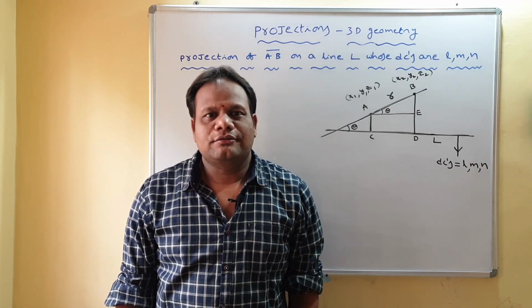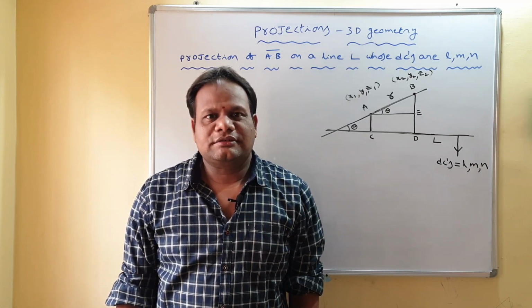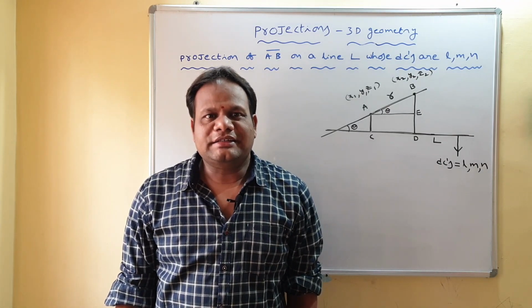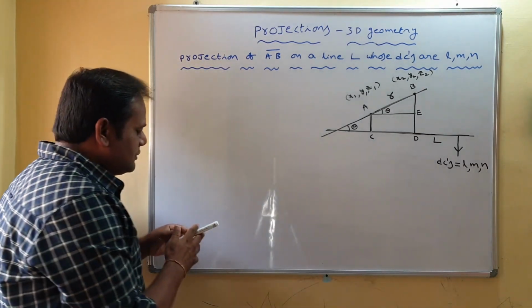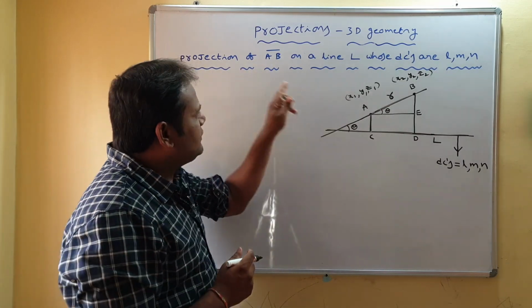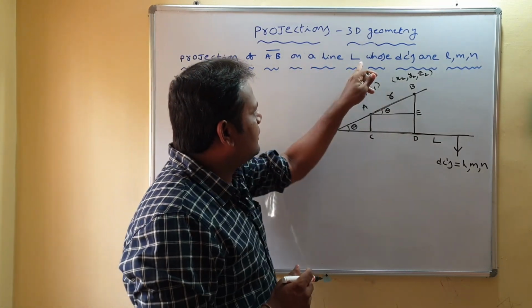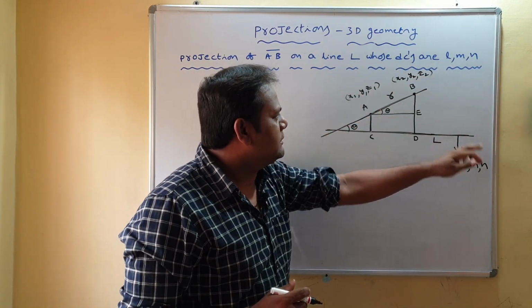In today's video, I am going to explain about projections in 3D geometry. First we are going to discuss the projection of AB on a line L whose DCs are l, m and n.